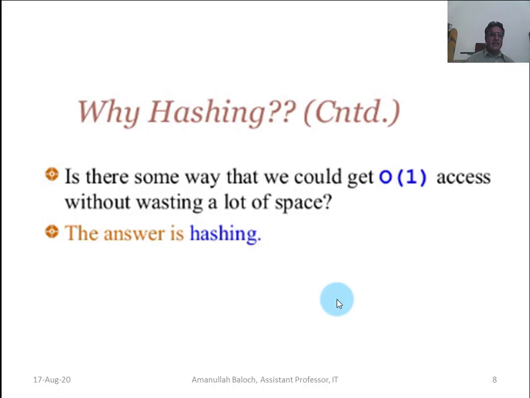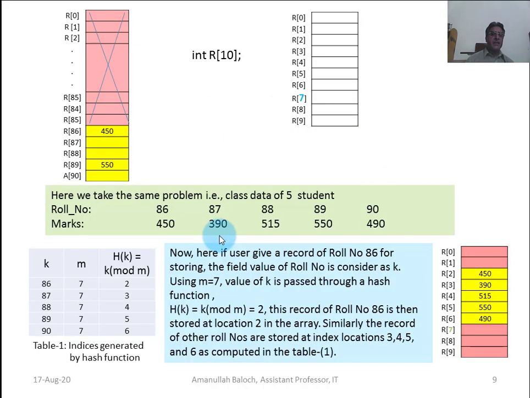Why hashing? Is there some way that we could get O of one access without wasting a lot of space? The answer is hashing. How will hashing work? We will see in the next slide.